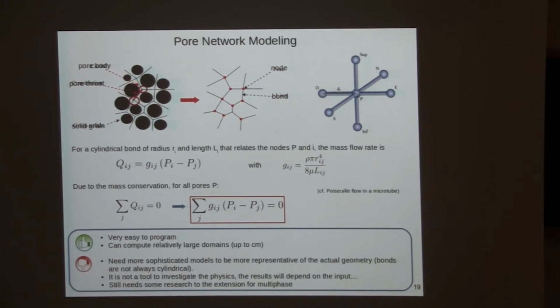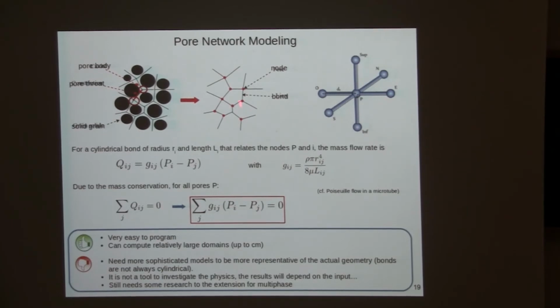So I won't say much, but just to say you have the original image, and what we do first, we approximate the image by a graph of nodes and bonds. In each bond, we consider it a cylindrical bond, and you have this Poiseuille law that applies in the bond, with the law we just computed based on the solution in the microtube.